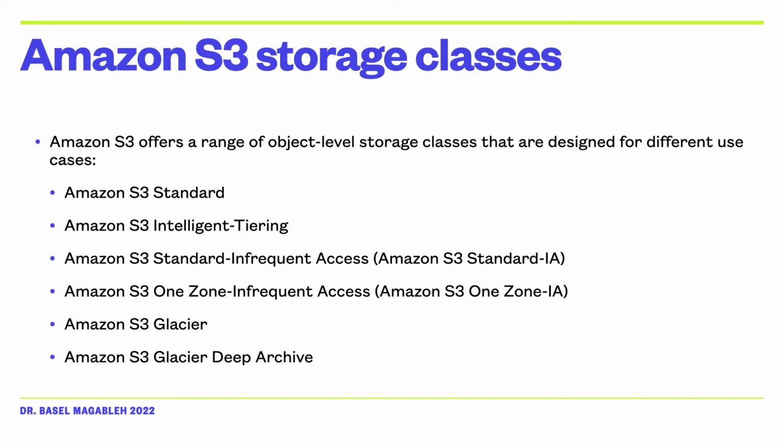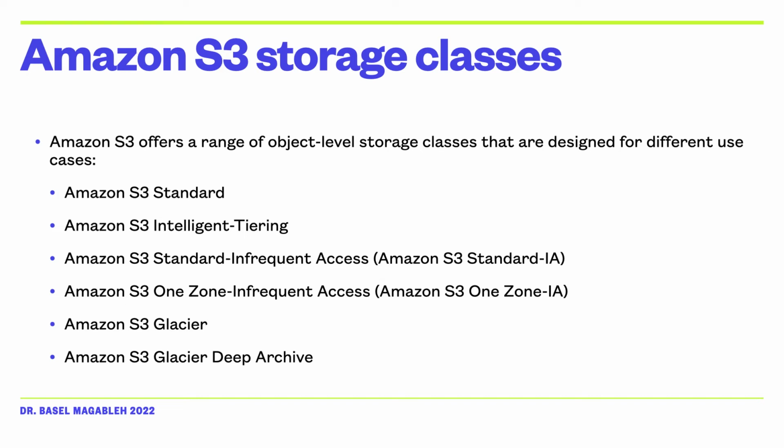We also have Amazon S3 One Zone-Infrequent Access. Amazon S3 One Zone-Infrequent Access is used for data that is accessed less frequently but requires rapid access when needed. Unlike other Amazon S3 storage classes, which store data in a minimum of 3 availability zones, in this case we are going to store the data in one zone only.